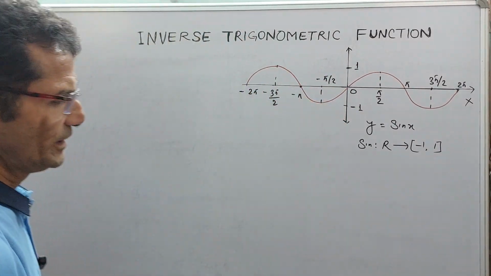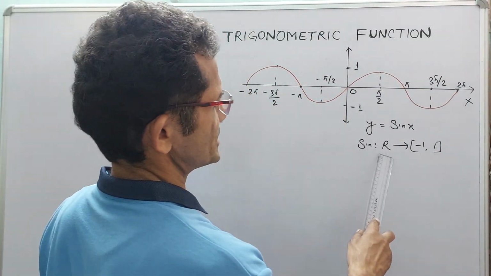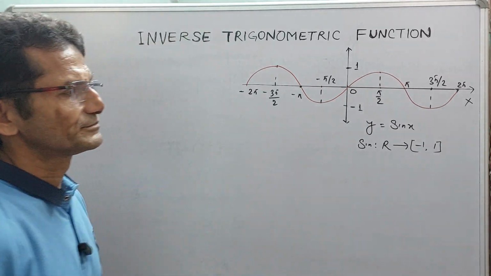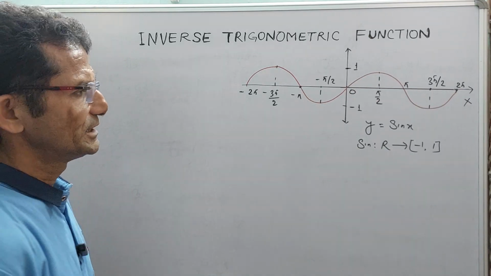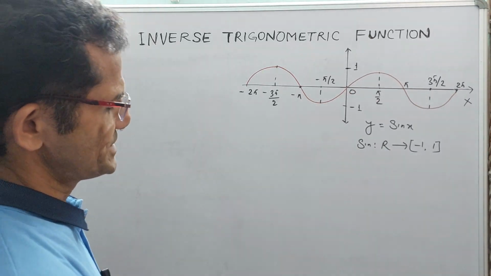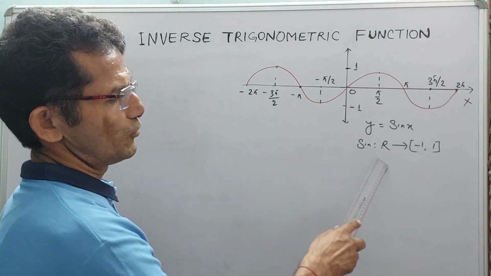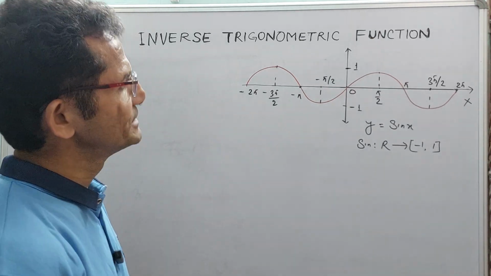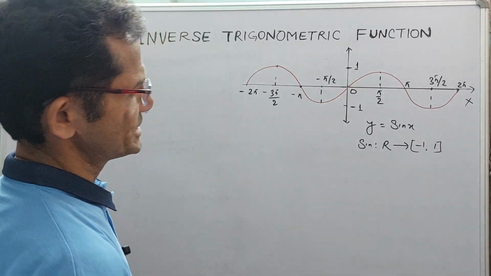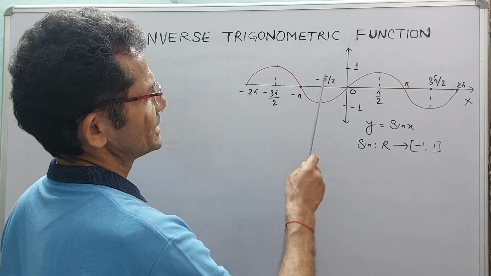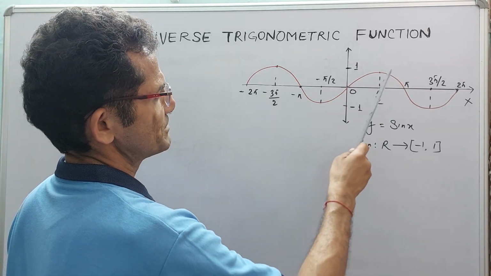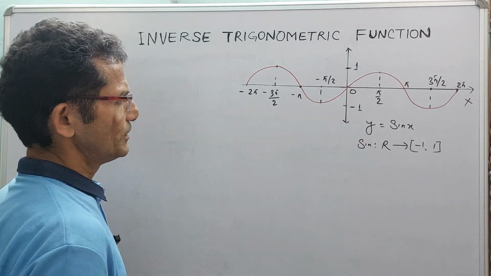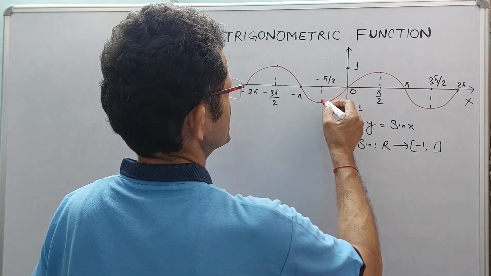But in this situation, if the domain is R, the sine function will not be one-one and onto, and we cannot get its inverse. So we have to restrict this domain R to some particular intervals. Let us suppose I restrict the domain R from minus pi by 2 to pi by 2, in this curve. So it will become a one-one function.